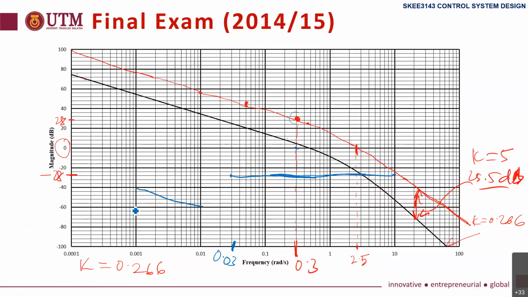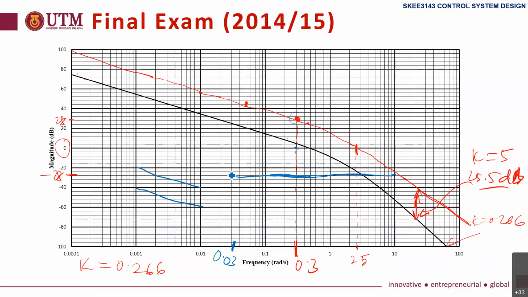See? 1 decade, it changed from 40 to 60. So the line here must be in the same slope as this line. If we make another line, same line here. So we can make a line similar to this slope.